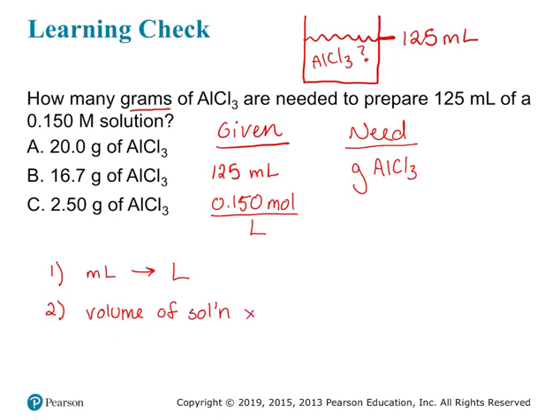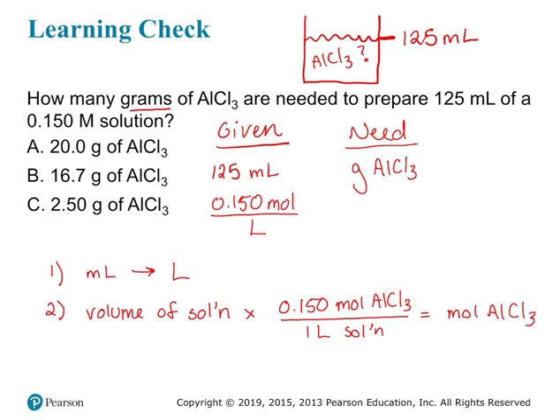So we'll multiply that by 0.150 moles of aluminum chloride over 1 liter of solution. And then that will give us moles of aluminum chloride. And that will be the amount of aluminum chloride we need to make our solution.